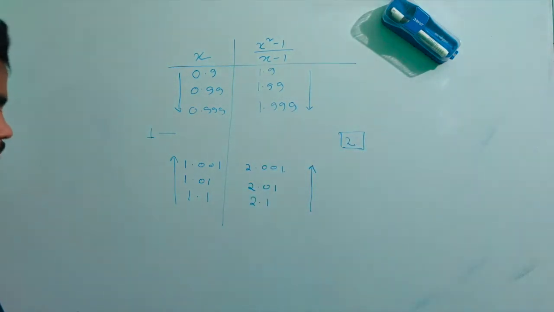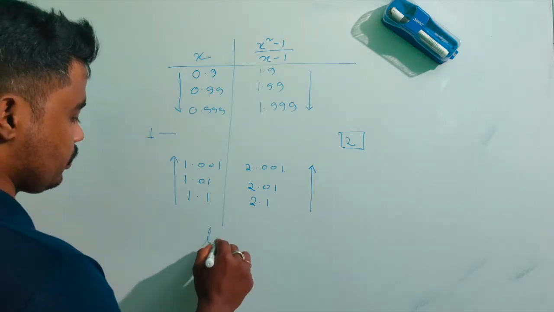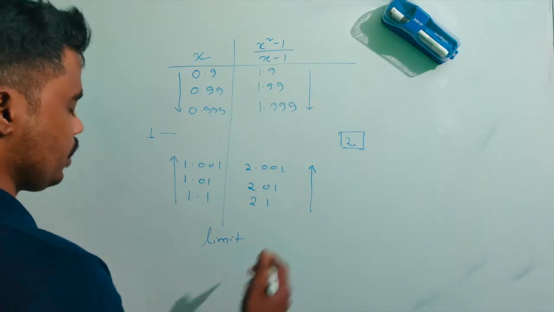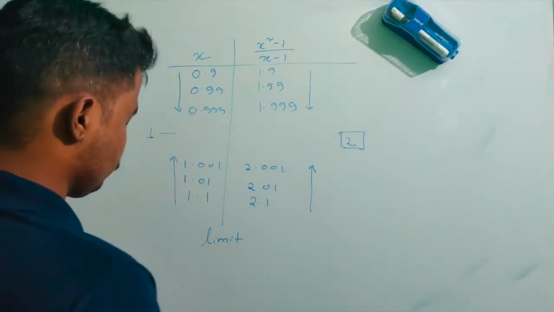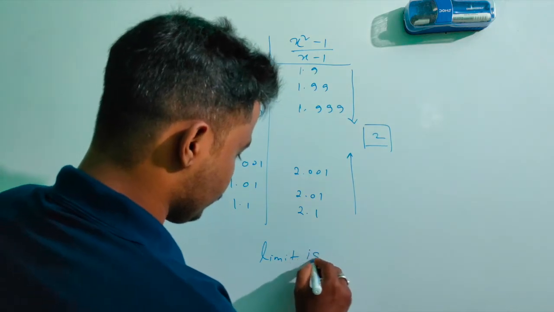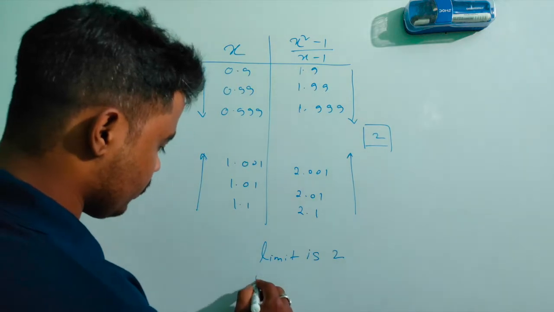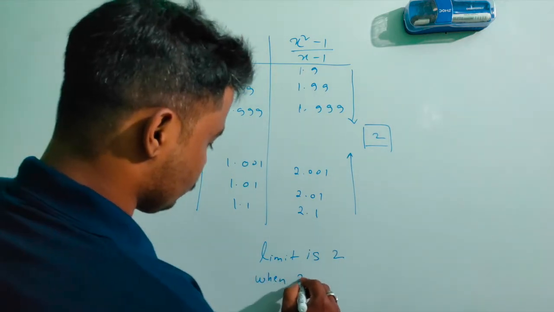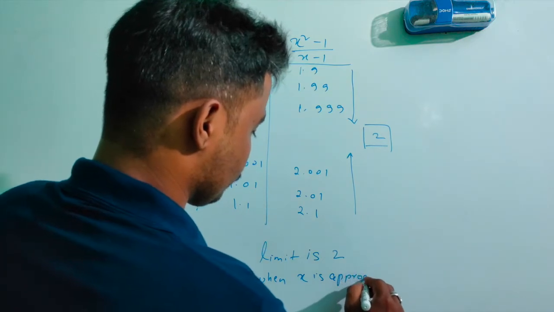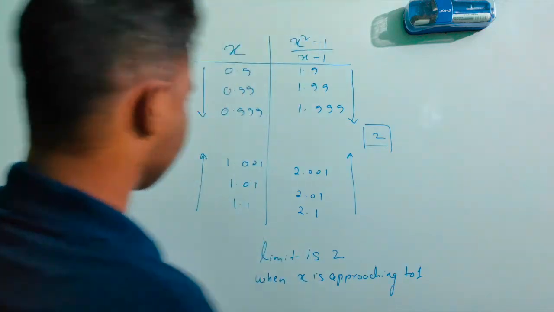So we can say the limit, or the approaching value of the function, is 2 when x is approaching 1.